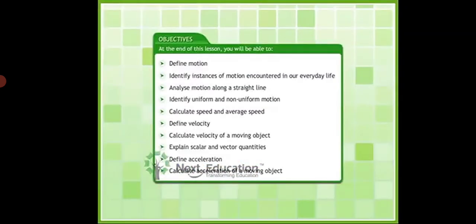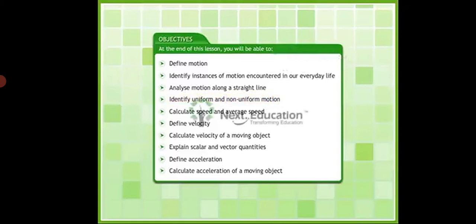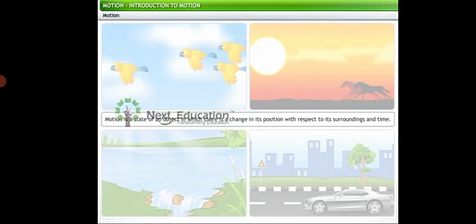At the end of this lesson, you will be able to define motion, identify instances of motion encountered in our everyday life, analyze motion along a straight line, identify uniform and non-uniform motion, calculate speed and average speed, define velocity, calculate velocity of a moving object, explain scalar and vector quantities, define acceleration and calculate acceleration of a moving object in everyday life.